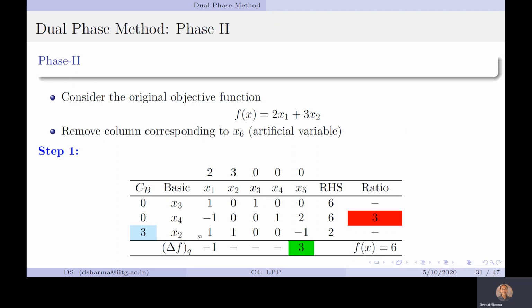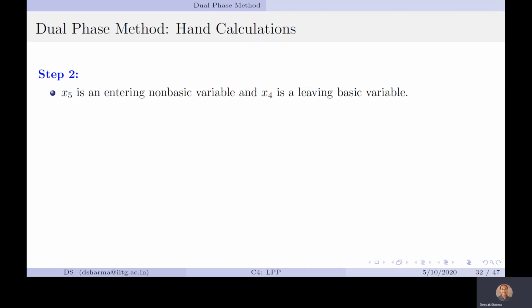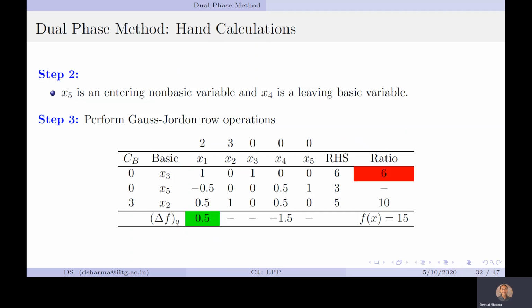Now, at this particular stage, we can apply our optimality condition and feasibility condition. The optimality condition in the last row says that X5 should enter into the table. By looking at the coefficients, if we find the minimum non-negative ratio, X4 should leave the table. So X5 is the entering non-basic variable, X4 is the leaving basic variable. We perform the Gauss-Jordan row operation.